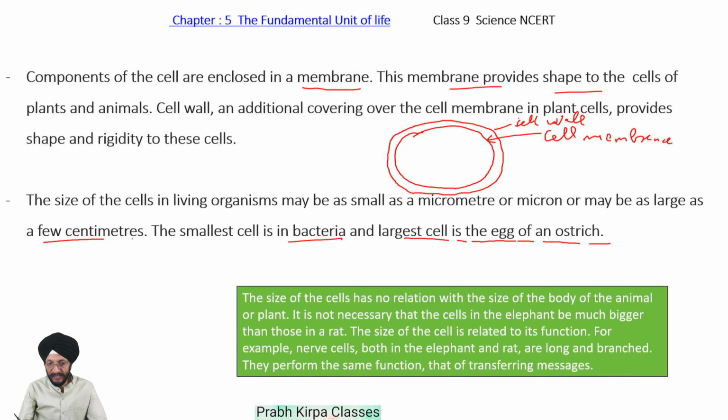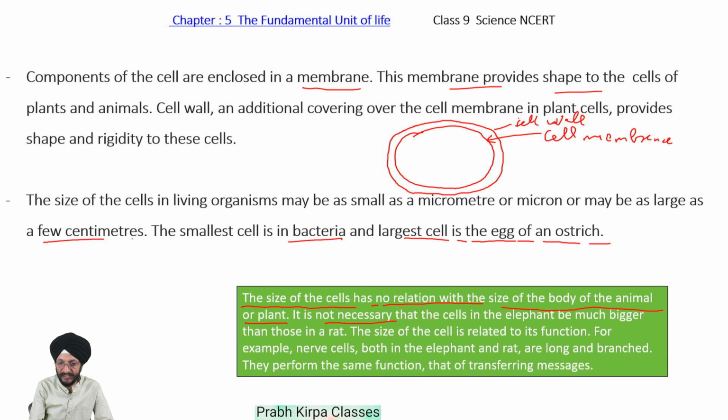We may think that if the size of an animal or plant is big, it will have large size cells. This is not true. The size of the cells has no relation with the size of the body of the animal or plant.